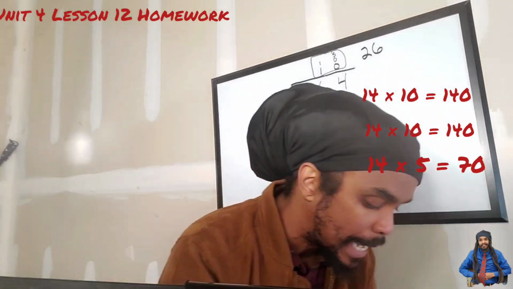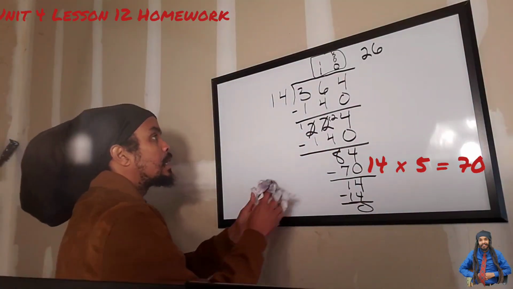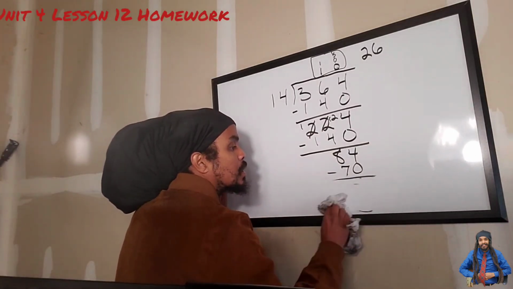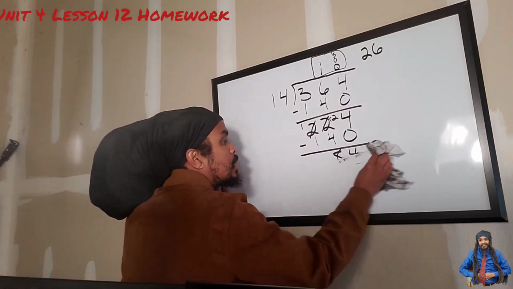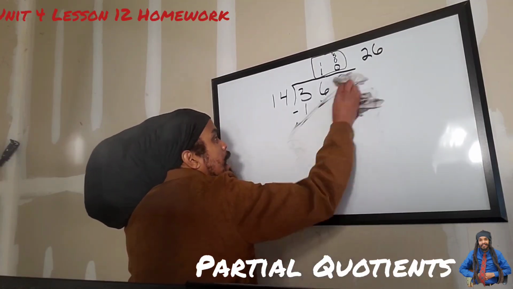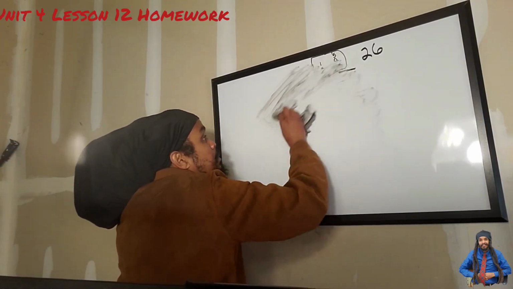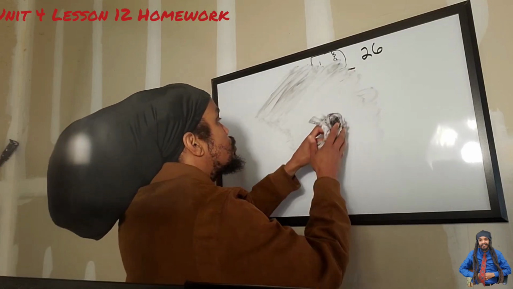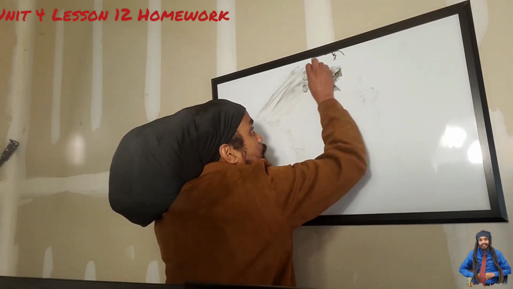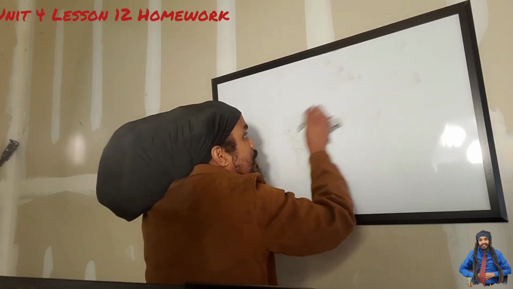Let's go to this next problem, because the last 3 days, well, this is the 3rd day, our homework has been all about partial quotients, but we've done it in 3 different formats. Basically it's the same thinking for all of them. Two days ago, it was all about the area model, so the format looked like the box method.